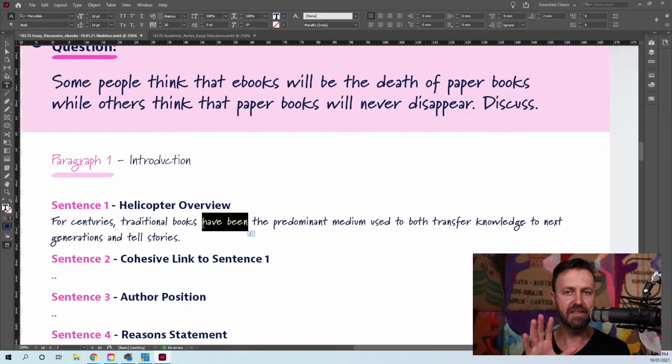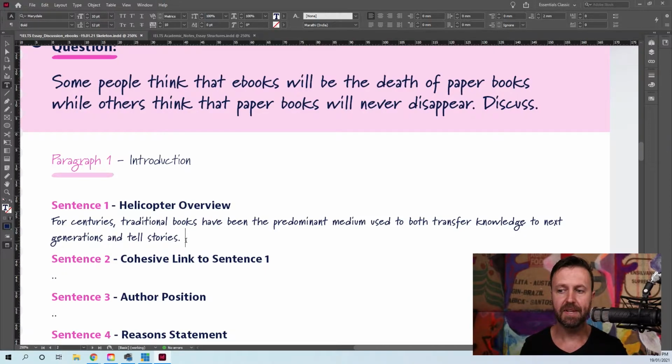Present perfect is things like have been, have done, have agreed, that type of language. So again, for centuries, for hundreds of years, traditional books, as in paper books, have been the predominant way or the predominant medium used to both transfer knowledge to next generations and tell stories.